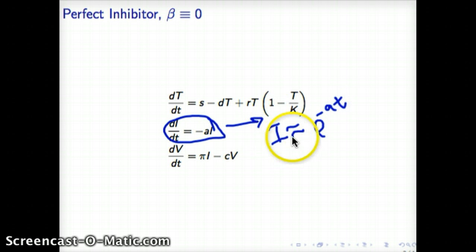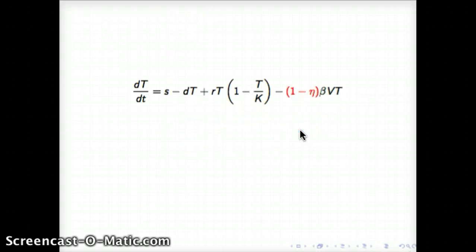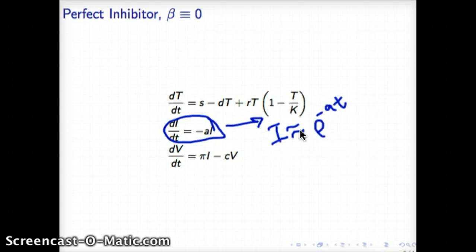That's what I of t is more or less behaving like, pending some initial conditions. It's telling you that the population of infected cells with this model would be subject to exponential decay.